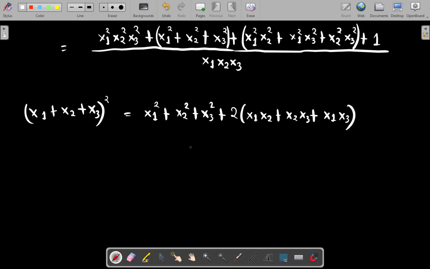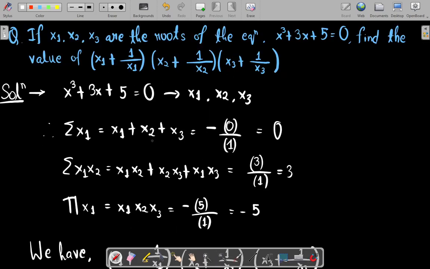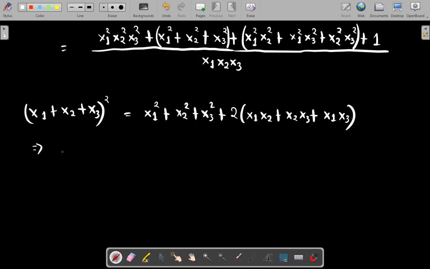The sum x1 plus x2 plus x3 is 0, so the left side is 0, and we have to find x1 square plus x2 square plus x3 square, which is in the numerator.